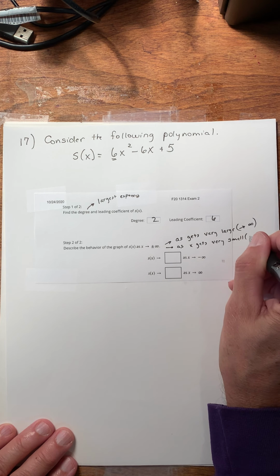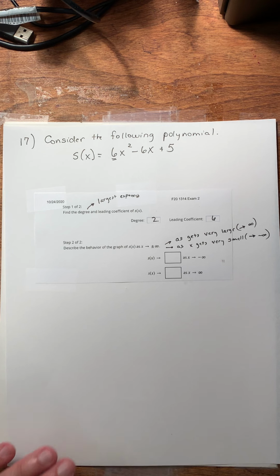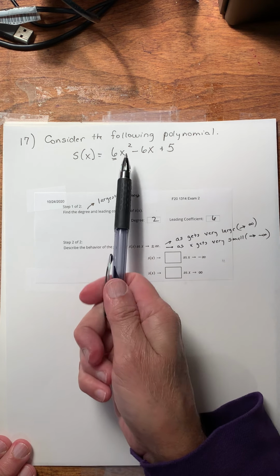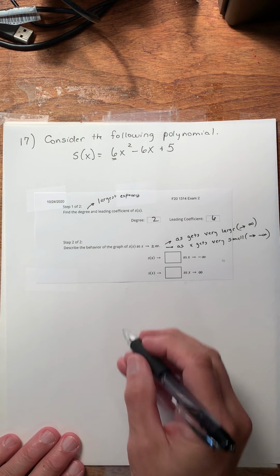That's what we mean by approaching negative infinity. It gets very small. So it would be nice to know what this graph looks like.